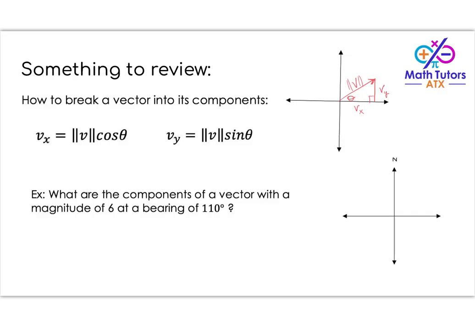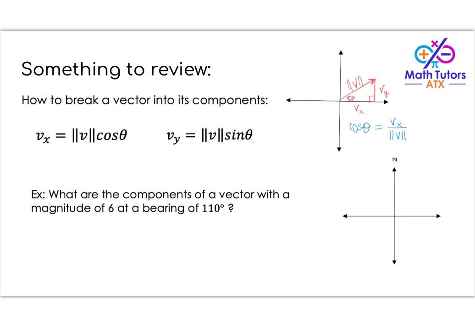So something else we just need to review is how to find the components of vectors. I drew this picture up here to the right, and it's just a triangle in that first quadrant. If we go back to our sine, cosine, and tangent, the cosine of theta is adjacent over hypotenuse, so that would be Vx over the magnitude of V, remember this is just the symbol for the magnitude or the length of that vector.